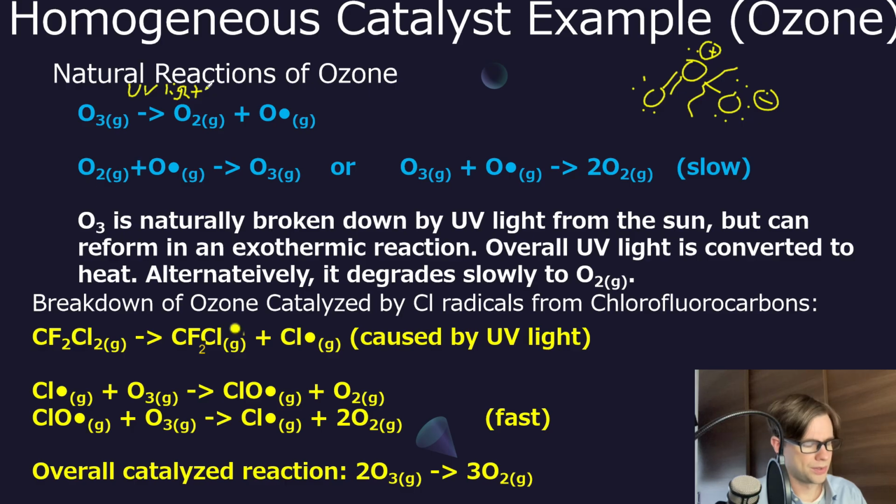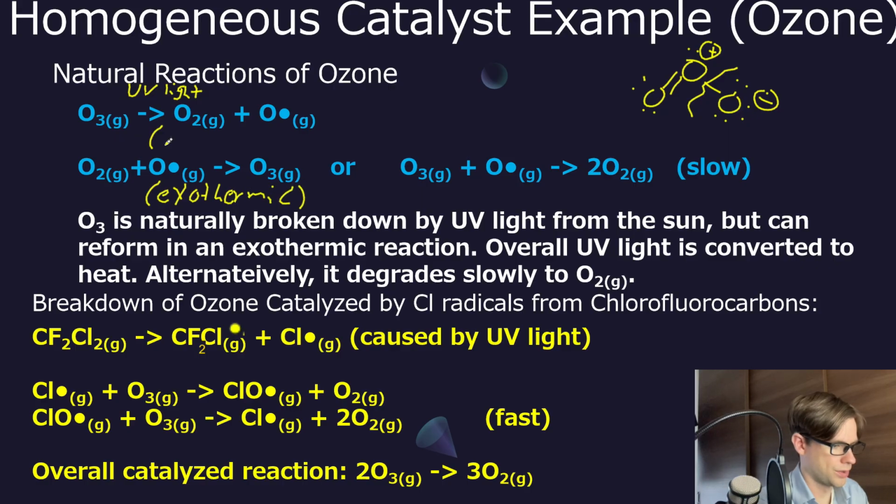Once that happens, O dot is very reactive, so it will react with whatever is nearby. If it reacts with O2 again, it'll just reform O3. And that way, this is exothermic. And the top one is endothermic.